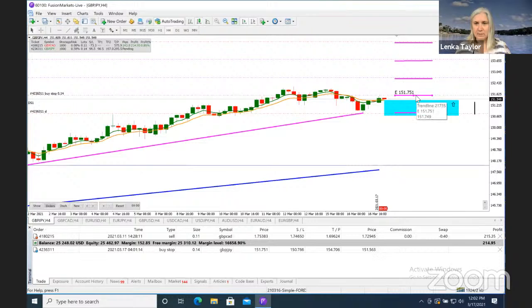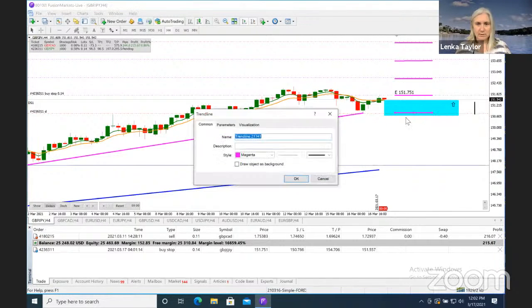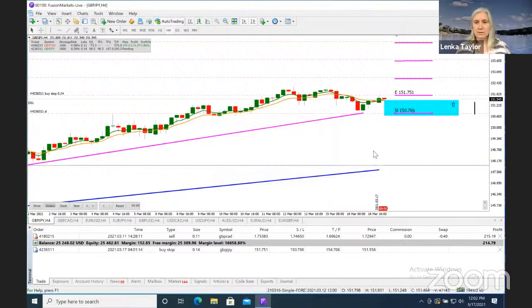And then stop loss is going to be at 150.766. So that's done.